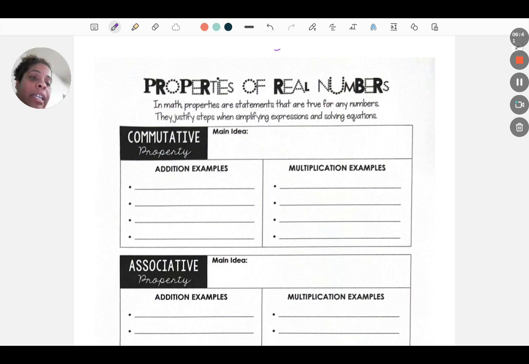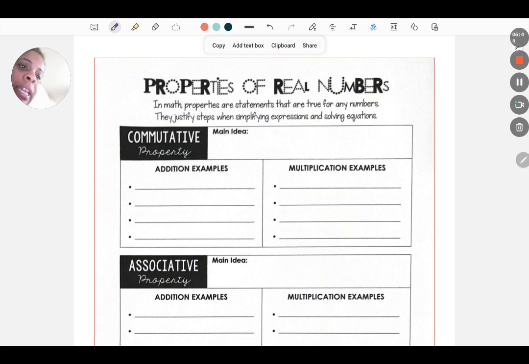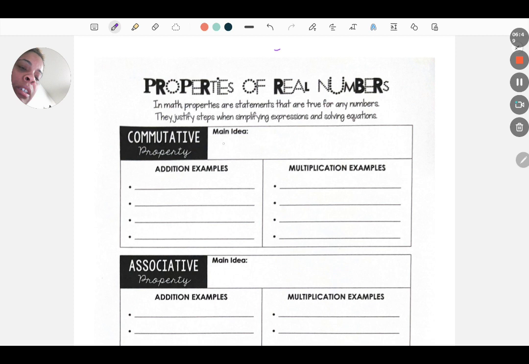So the main idea here, sorry, I have to drop it so I can write a little bit, is, no, stay with me. The main idea is that the order does not matter. The order of the equation.